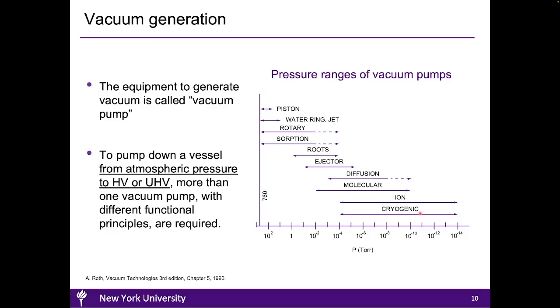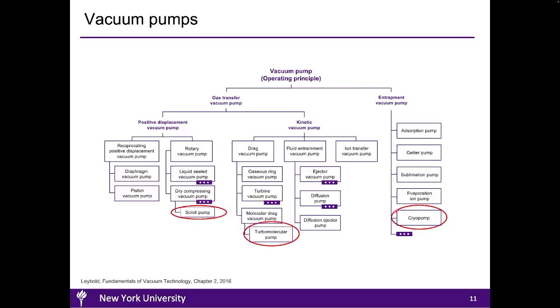Indeed, in practice, high vacuum and ultra high vacuum levels are achieved by initially using a rotary pump, followed by employing a molecular or cryogenic pump. In the next video, we'll discuss the different types of vacuum pumps that are commonly used in semiconductor fabrication systems. Specifically, we'll review the operating mechanisms of scroll pumps, turbomolecular pumps, and cryopumps.